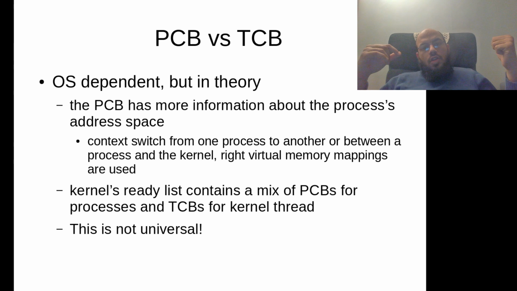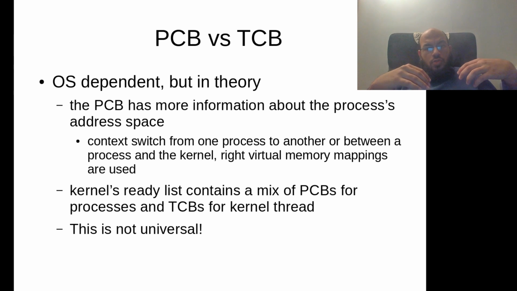That basically means that when you're doing context switching from one process to another, or kernel to user space switching, the right virtual memory mappings are stored in your PCB and not in your TCB, because your TCB is more limited.